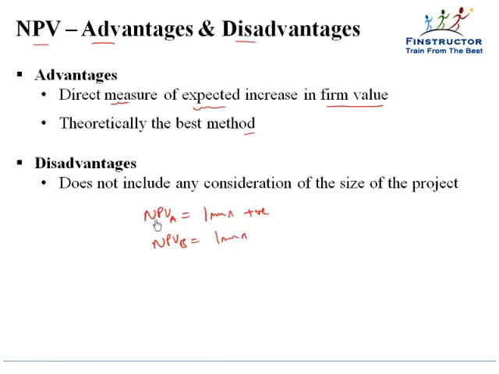But the difference is that the present value of cash inflows for project A was $100 million minus the present value of the cash outflows of 99, giving an NPV of $1 million. For project B, the cash inflows were $2 million and the present value of the outflows was $1 million, again giving an NPV of $1 million.